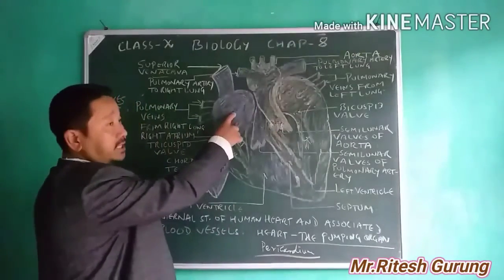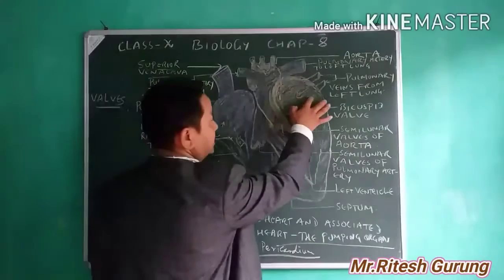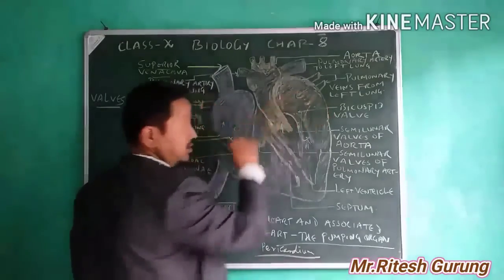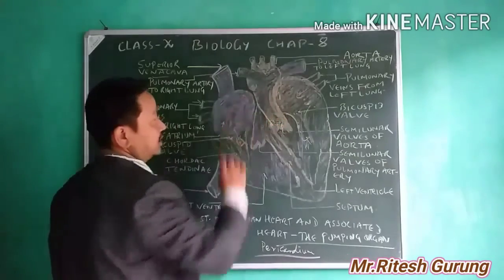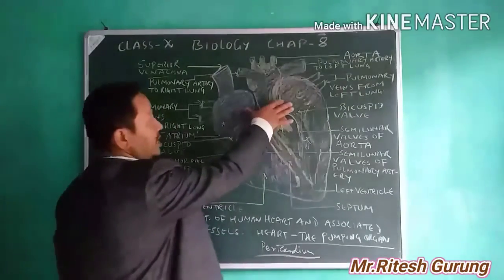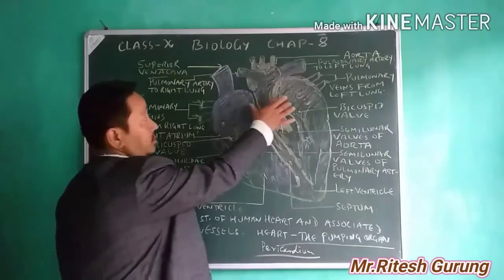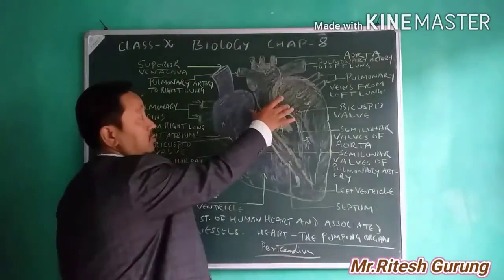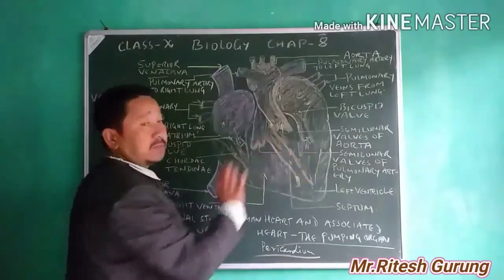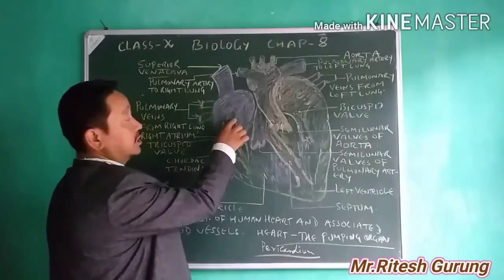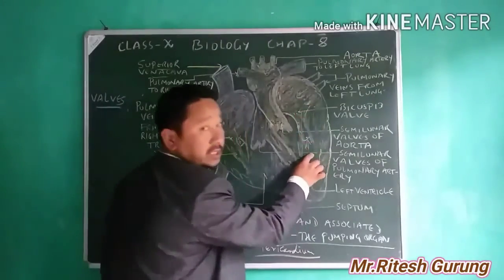This side is deoxygenated blood, and this side is oxygenated blood. Then when the contraction takes place in this region, the blood will be pushed down to the respective ventricles, from the right auricle to the right ventricle, and from the left auricle to the left ventricle.